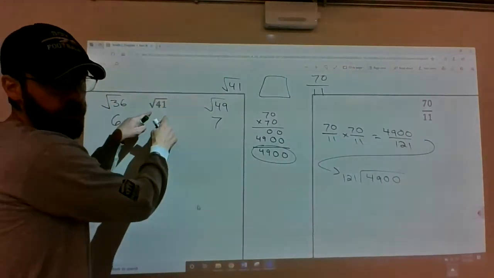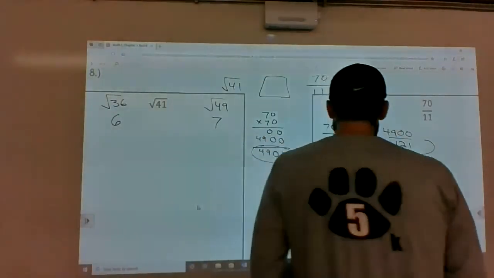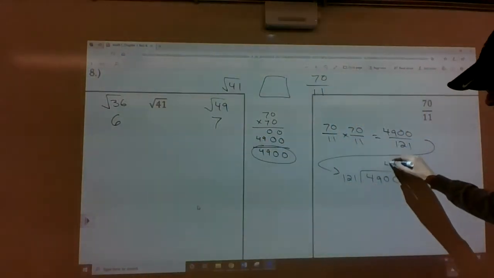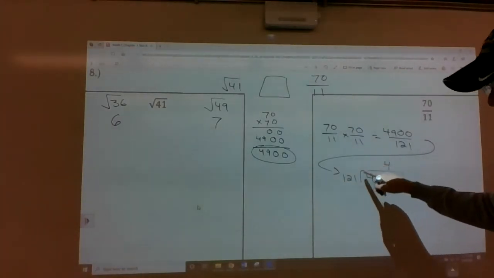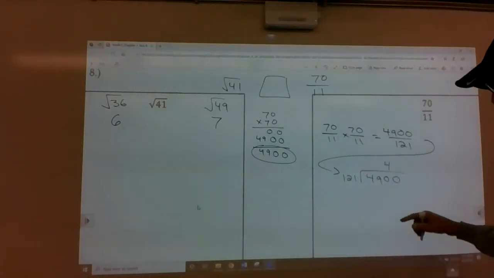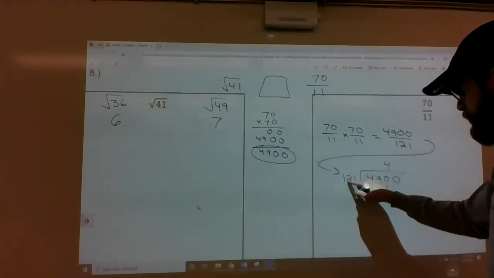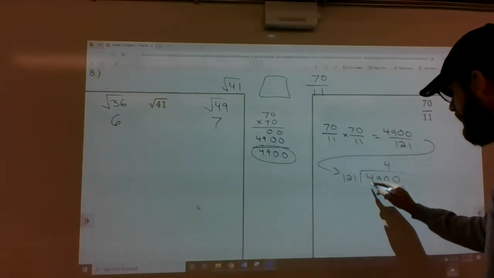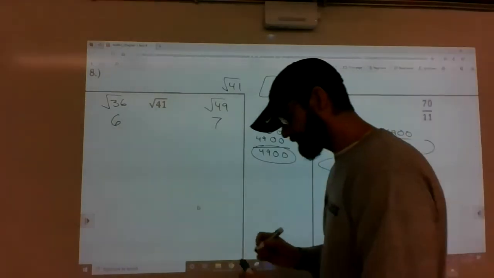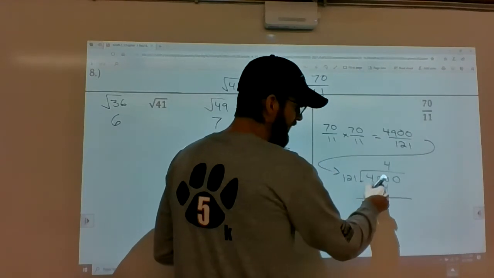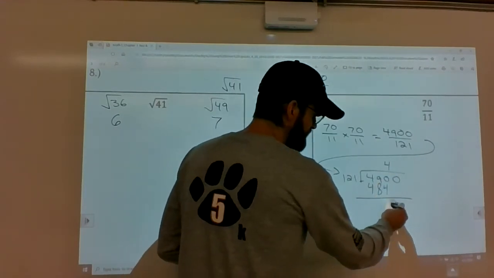So I think 121 is going to go into 490 4 times, because 400 is kind of what's going on. So 4 times 1 is 4. 4 times 2 is 8. 4 times 1 is 4. Subtract the digits. 490 minus 484 is 6.